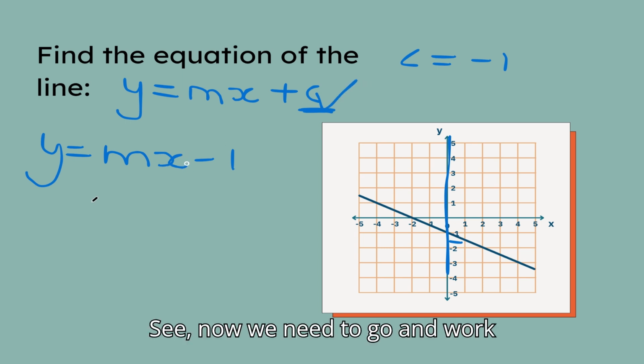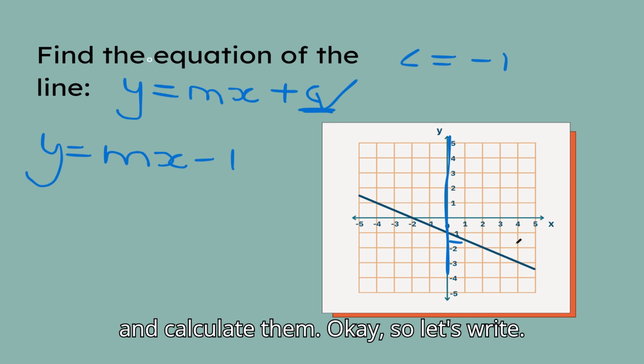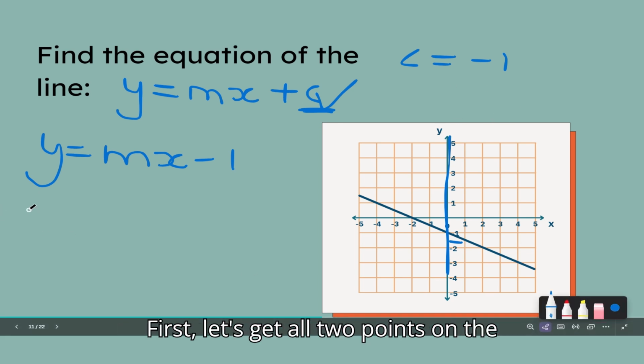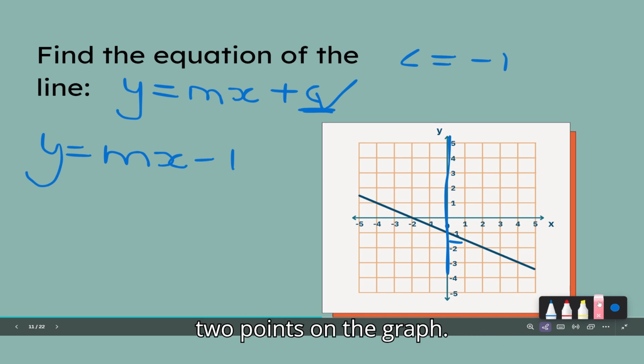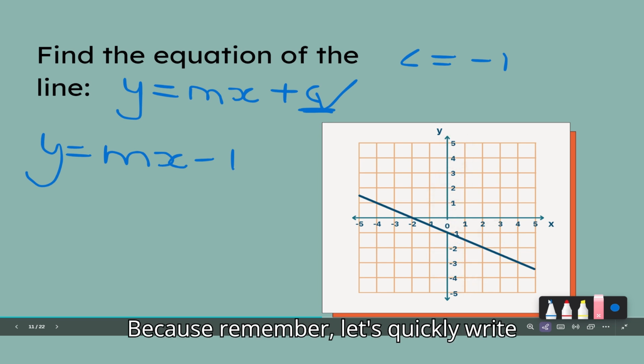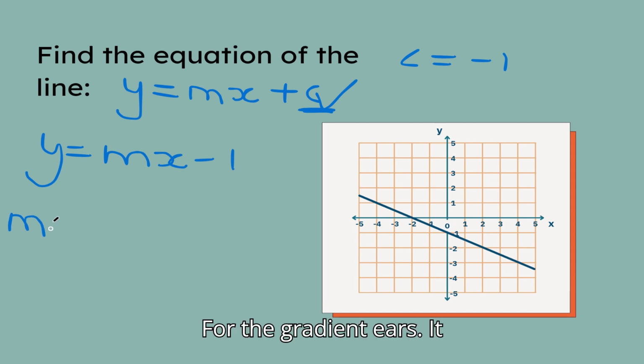Now we need to go and calculate m. First, let's get two points on the graph that we might want to use, any two points on the graph. Because remember, let's quickly write down our formula for the gradient.